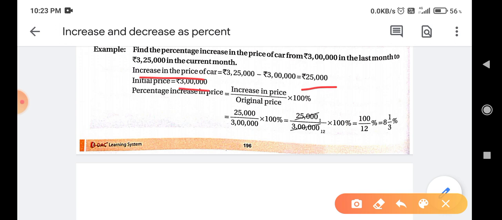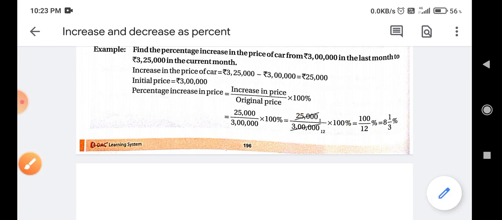So percentage increase in price will be equal to increase in price over initial or original price multiplied by 100%. After putting the values and calculation we get 8 and 1 by 3%.